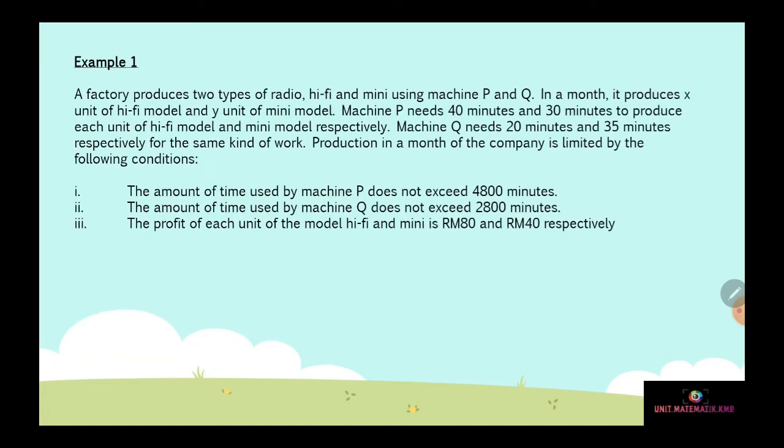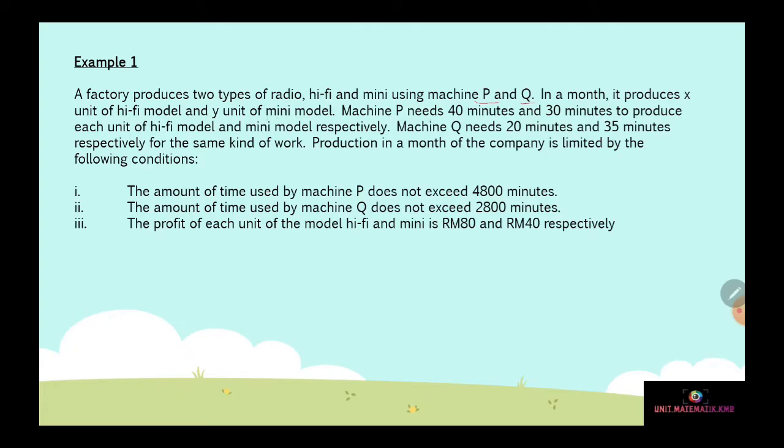Okay, so now we are going to do this example. A factory produced 2 types of radio, hi-fi and mini, using machines P and Q in a month. It produced X units of hi-fi models and Y units of mini models.